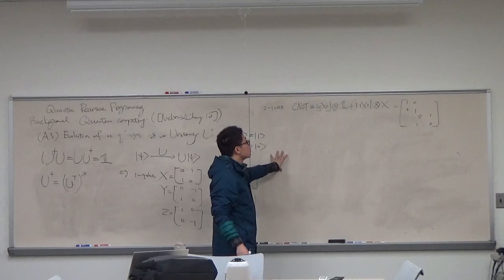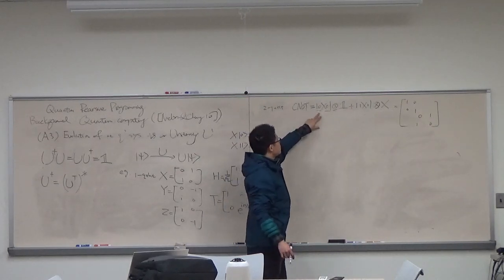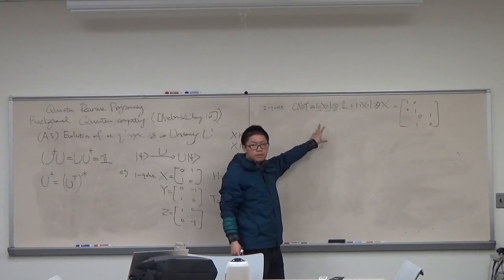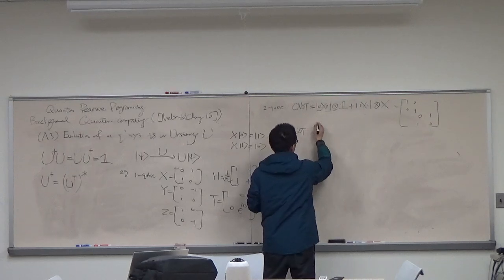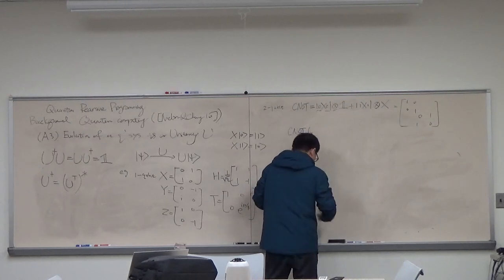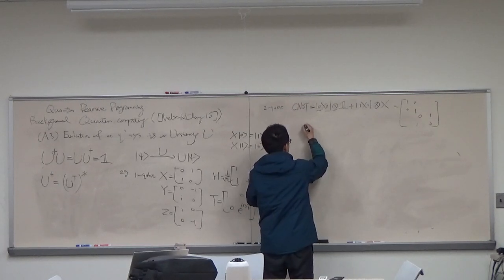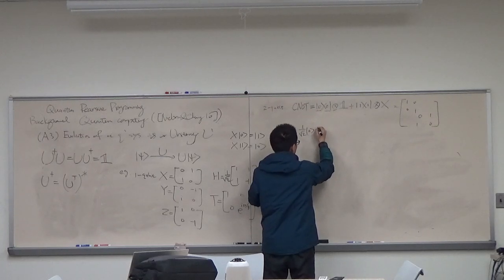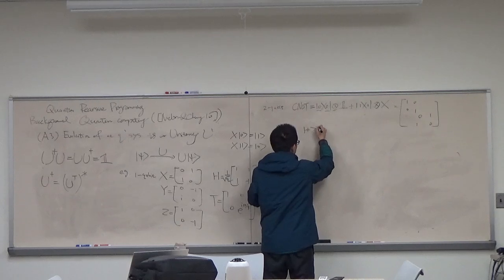Of course, the first qubit, the controlling qubit, can be in a superposition state. So if we apply CNOT to some state, let's say we start with the state plus, 0.